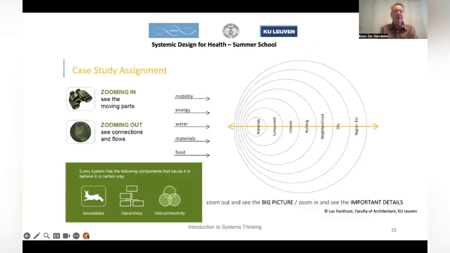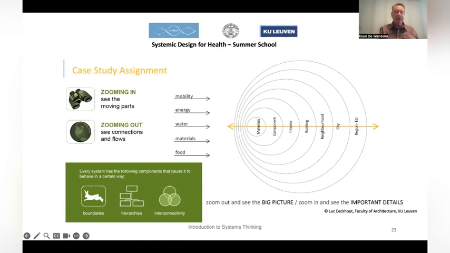Now, the case study basically will rely on some of the characteristics of systems thinking. You will be zooming in and zooming out on different scales in order to situate the primary healthcare center that you are looking at. You will be looking at the region, the city, the district, the neighborhood, finally on the building, and even on the materials.